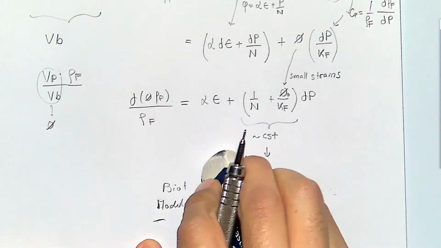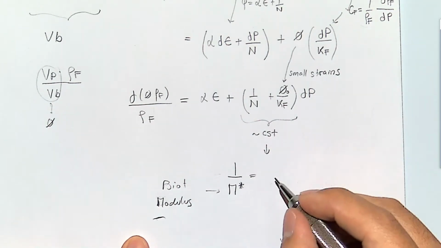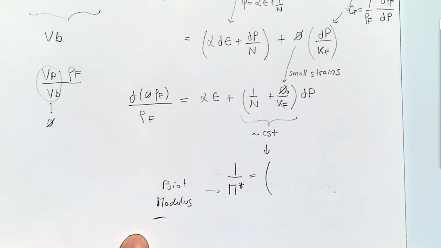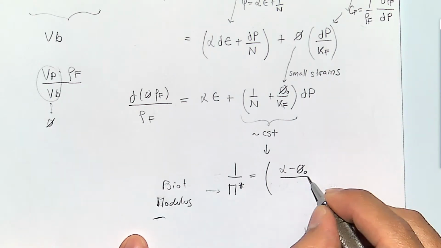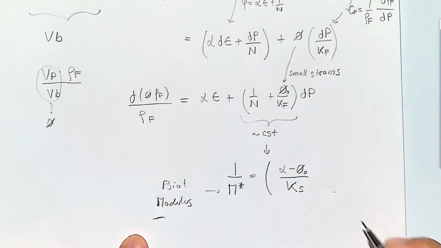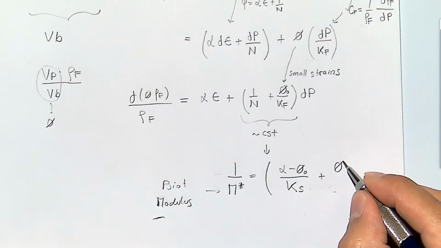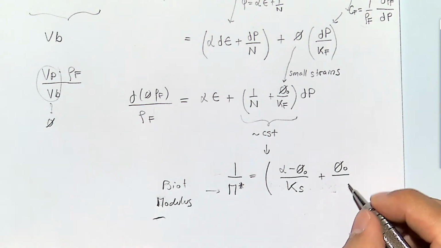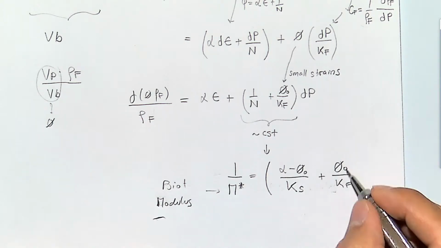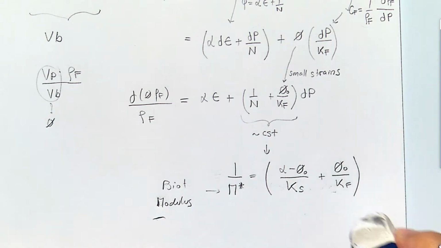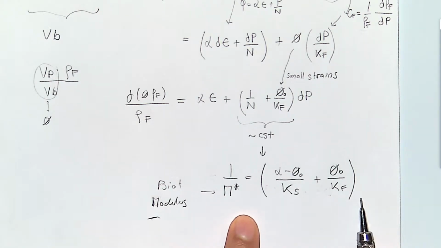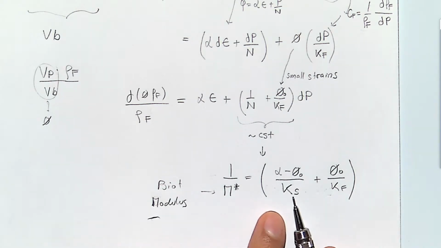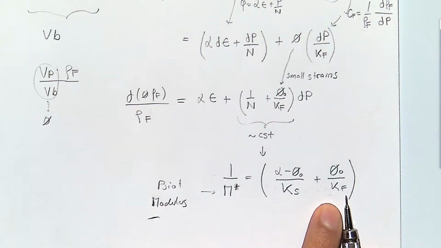And because this is a Biot modulus, then this is going to be 1 over N. But if you remember N, 1 over N was the Biot coefficient minus initial porosity divided by Ks, plus porosity divided by K of the fluid. So this important modulus, the Biot modulus, tells you the compressibility of the porous solid, taking into account the compressibility of the solid, but also the compressibility of the fluid.